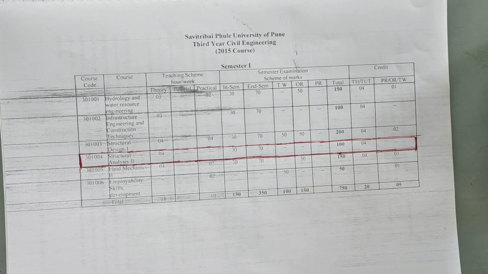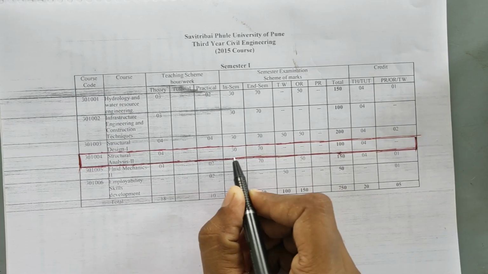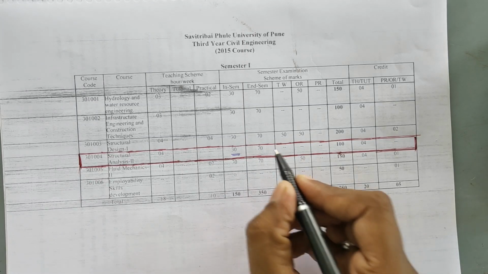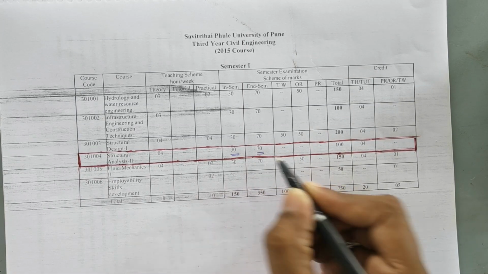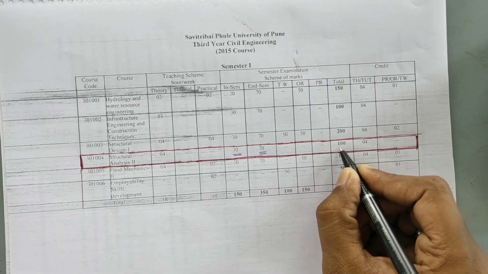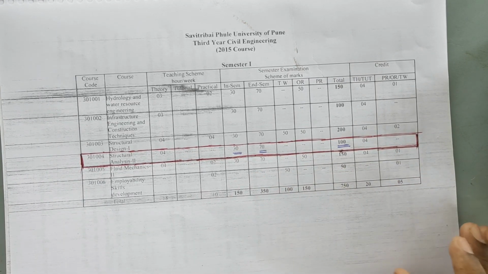About the teaching scheme, you will be having 4 theory lectures, and about the marking scheme, you will be having 2 examinations under this, that is the in-sem examination and the end-sem exam. For in-sem exam, that constitutes of 30 marks written exam and then a 70 marks end-sem examination, total constituting of 30 plus 70, that is equal to 100.